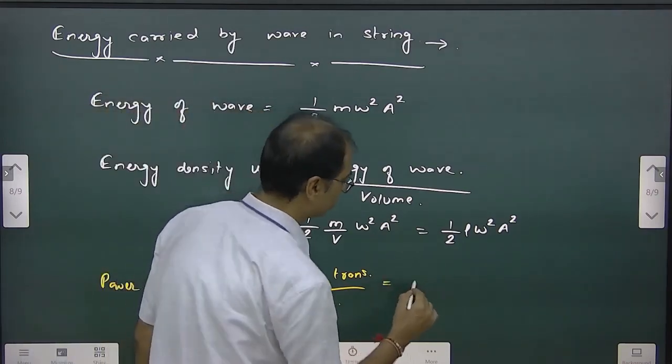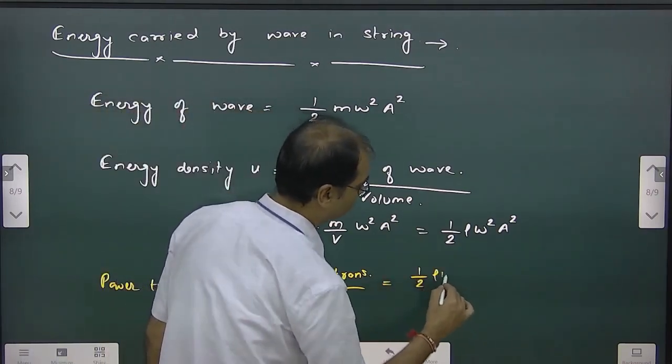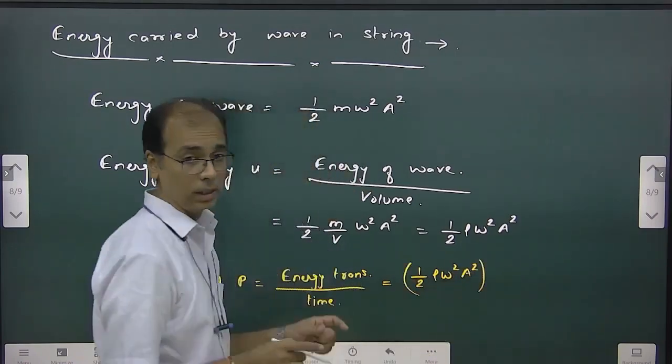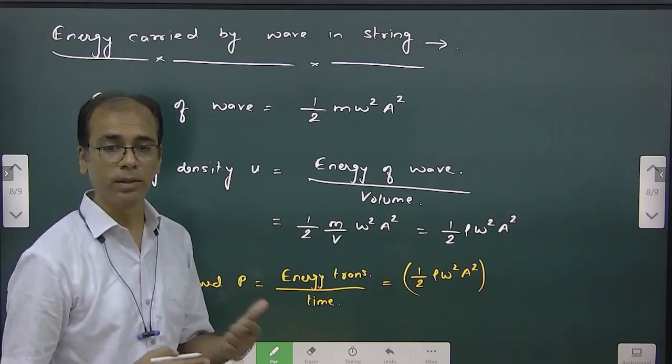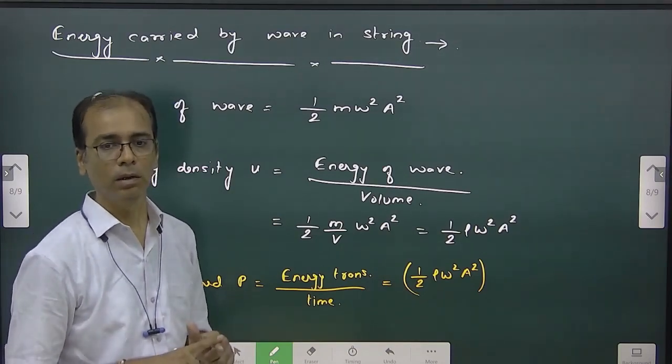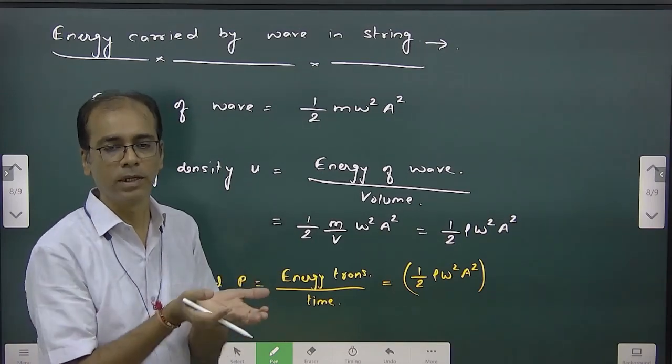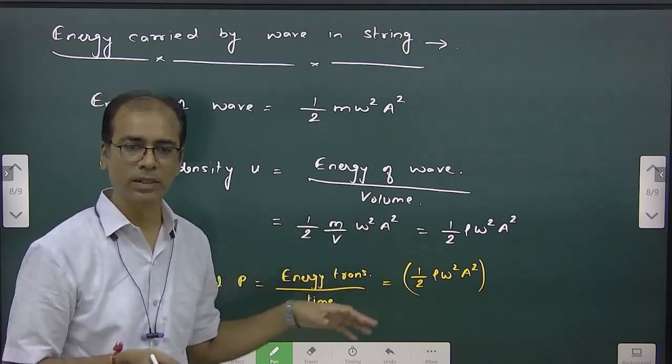Half rho omega square a square, then area into length. Like you can consider a cylinder, no? Base area into length is the volume. Exactly the same way.